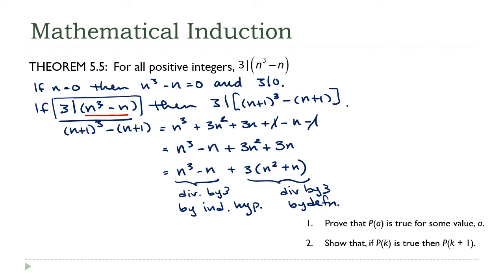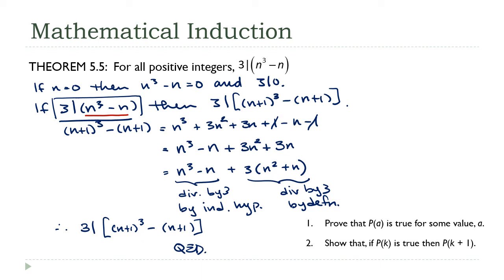It's got that 3 out in front. It's 3 times an integer. Well, if the individual parts are divisible by 3, then the whole is divisible by 3. So therefore, 3 divides n plus 1 cubed minus n plus 1, which is what we needed to show.